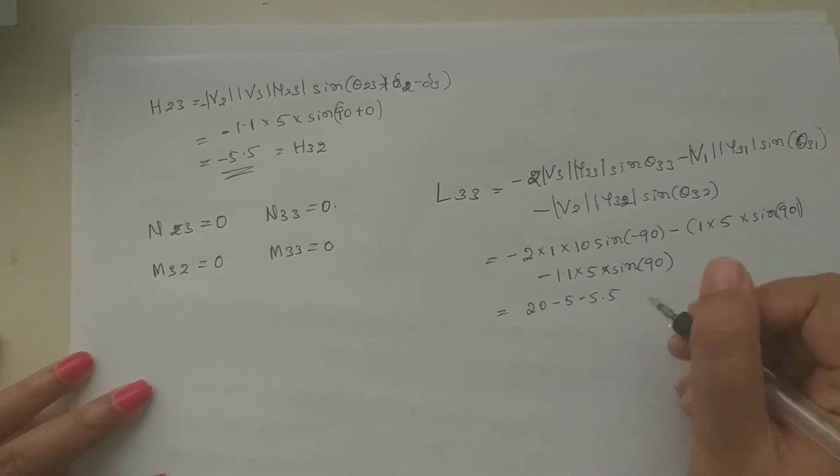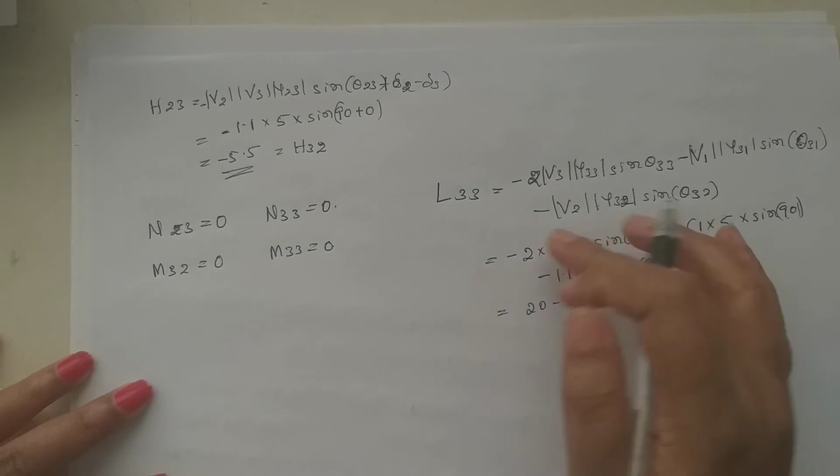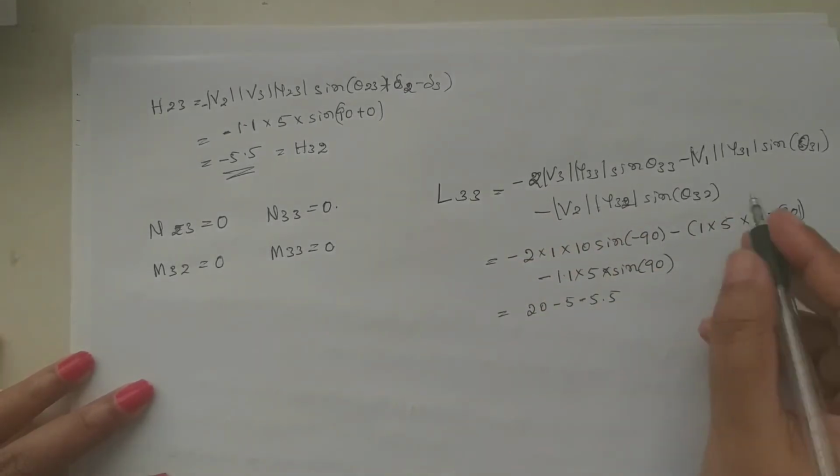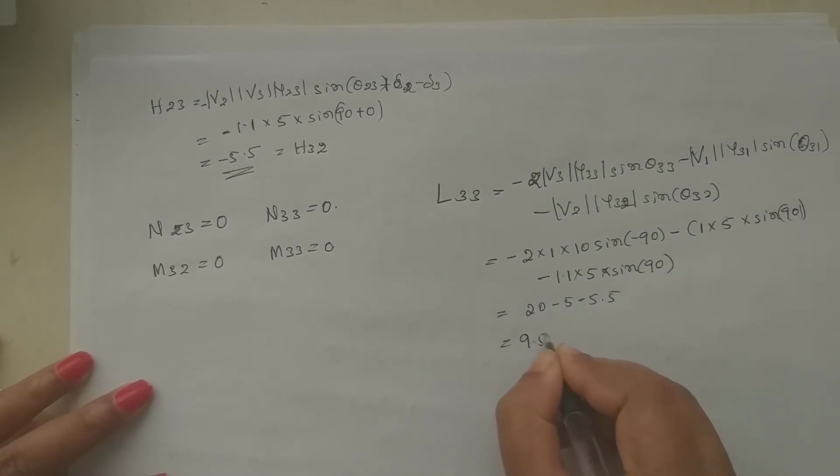These are zeros, therefore simplifying, we get 20 minus 5 minus 5.5, so we get 9.5.